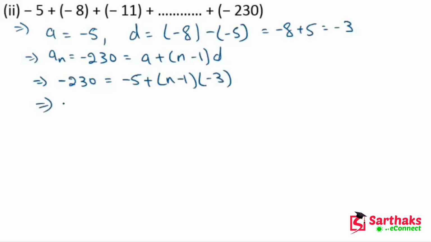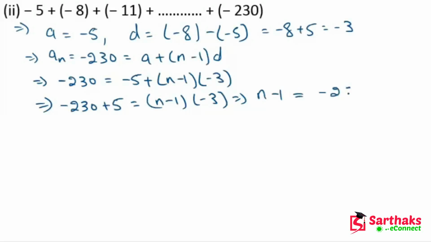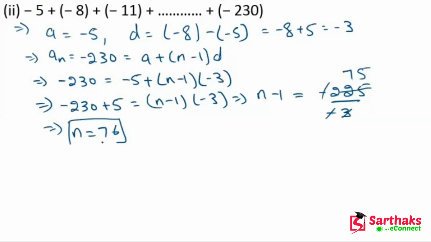Now -230 plus 5 is equal to n minus 1 into -3. So from this, n minus 1 is equal to -225 divided by -3. If we solve it, we get 75. Now we have n equal to 76. So the value of n is 76.